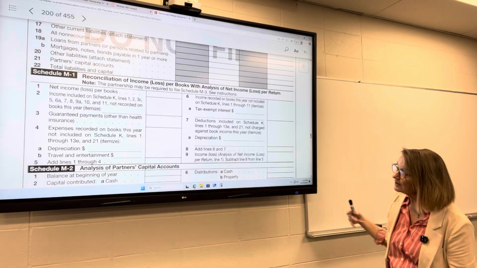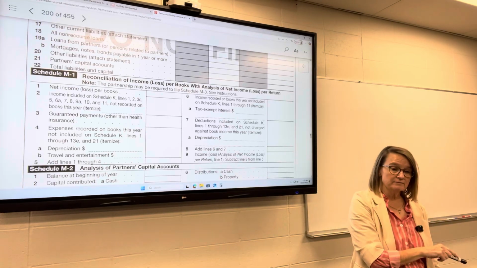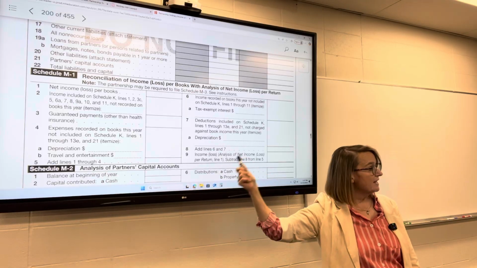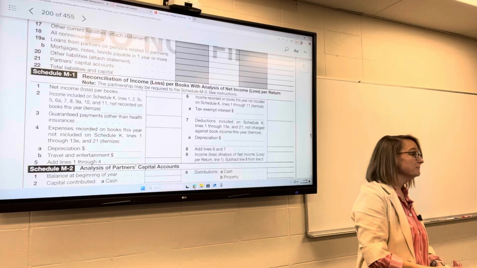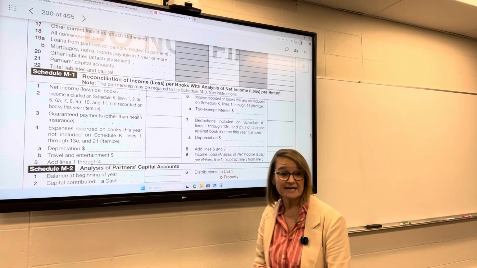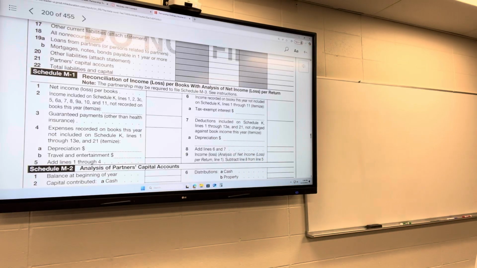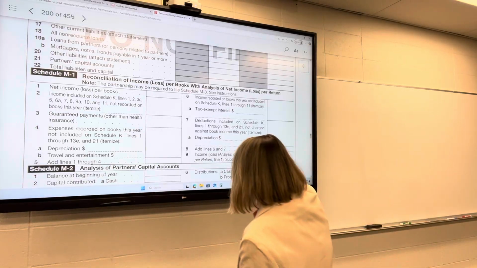And so that creates a difference between the income statement on the financial statements and what's represented on the tax return. We have some other differences, right? Entertainment expenses are not deductible on the tax return, but entertainment expenses are an expense on the financial statements. That's a difference, a book tax difference. We call those book tax differences.